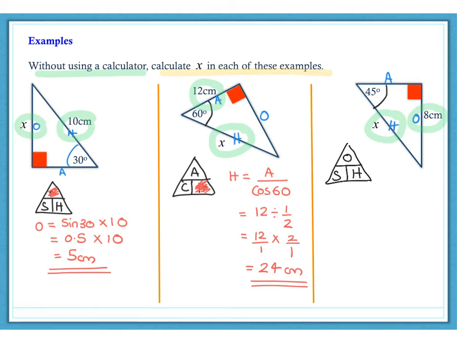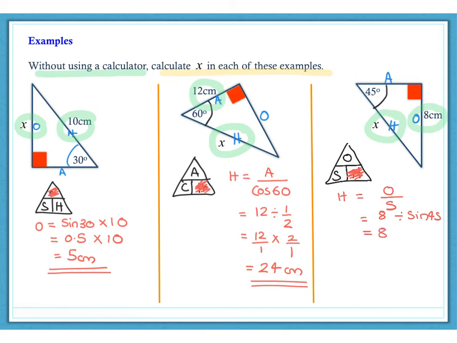Now we're trying to calculate the value of the hypotenuse, so I'll cross this one out, and we know that the hypotenuse is equal to the opposite divided by the sine value, so that is 8 divided by sine 45.